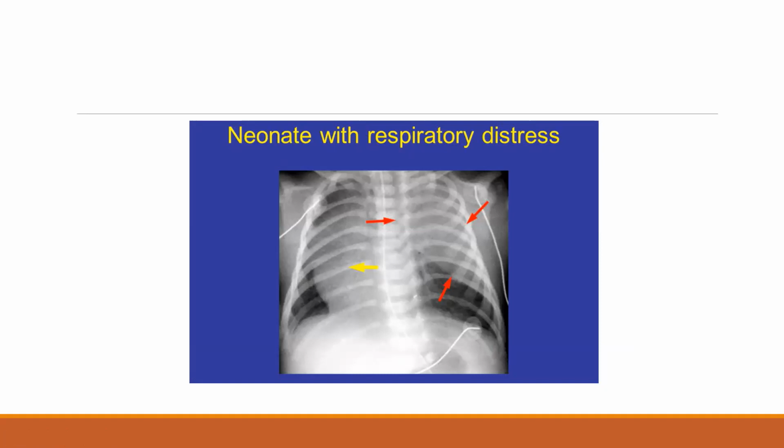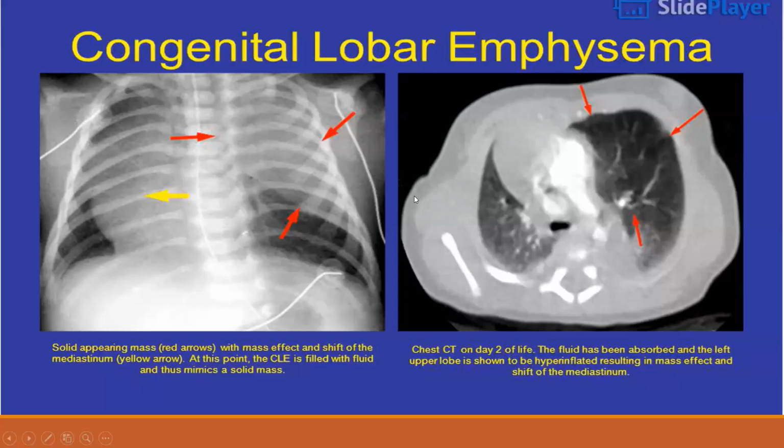So there is something new here. What is this? Congenital lobar emphysema. If you get this type of X-ray, then you have to think that some mass lesion is there, and I have to do the CT scan. CT scan would be the confirmatory.